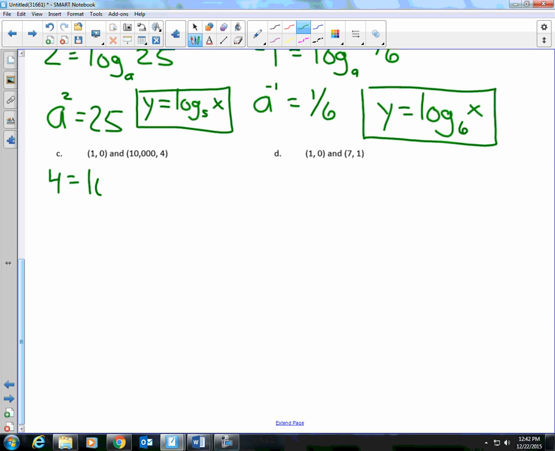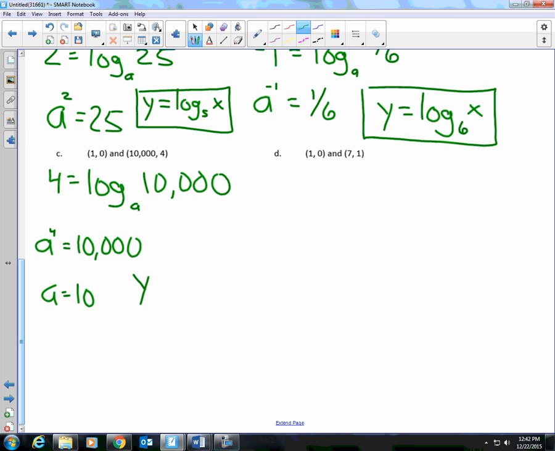4 is equal to log base a of 10,000, or a to the 4th power is equal to 10,000. What number do you take to the 4th to get 10,000? A is equal to 10.